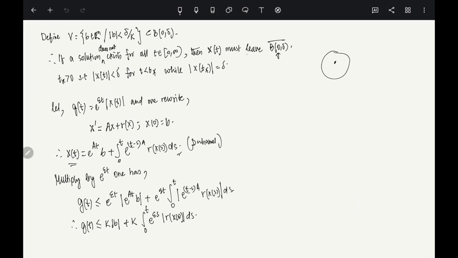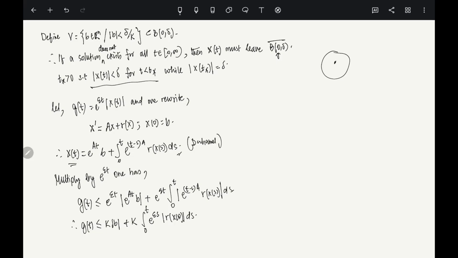So you see, for t less than or equal to t star, the solution is less than delta, right? It stays inside that ball, and at t star it touches the boundary, and after t star it just flows out. That's what we are saying.